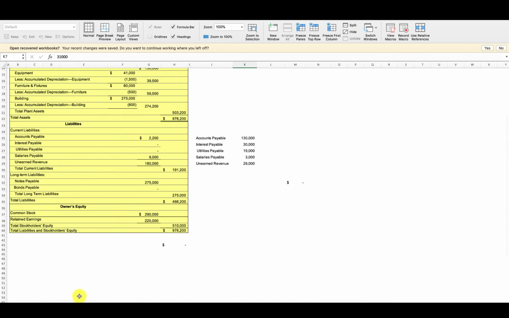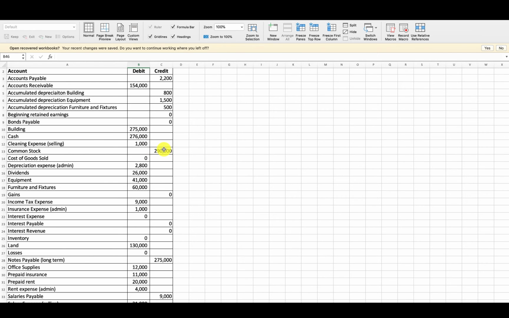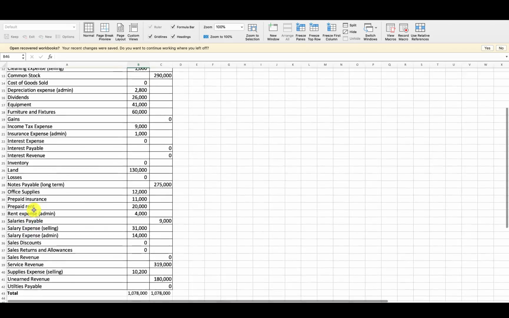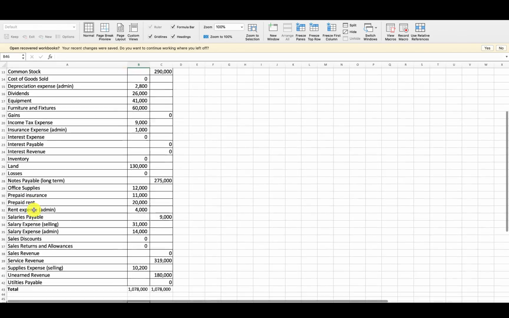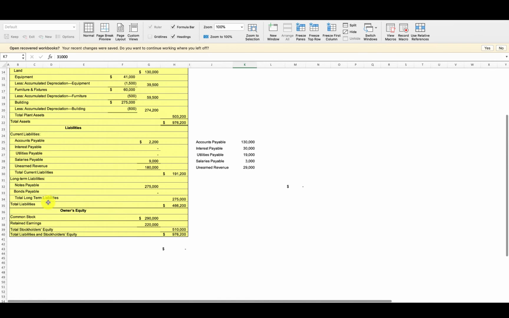Next, I go to common stock and retained earnings. So I go to my trial balance. I look for common stock, which is 290,000. Then I go look for retained earnings. See, I made the mistake, right? If we look for retained earnings on here, we're going to get beginning retained earnings of 0, and that's going to be incorrect. So I'm going to bring over my common stock of 290,000. Where do I get my retained earnings from?